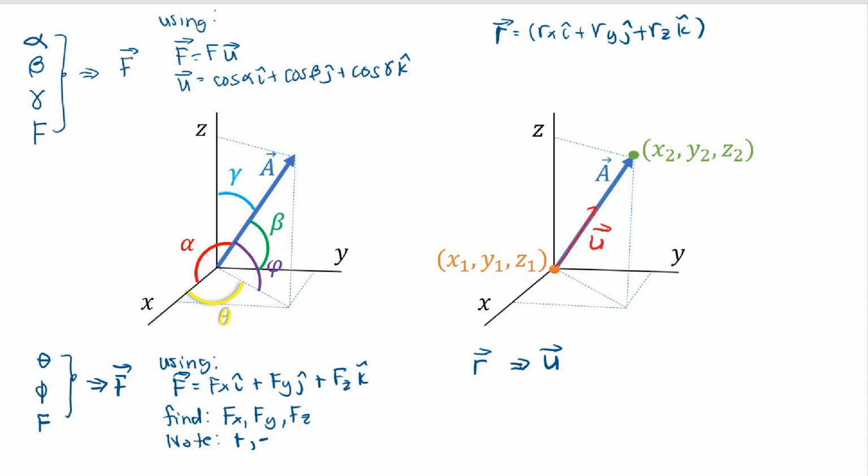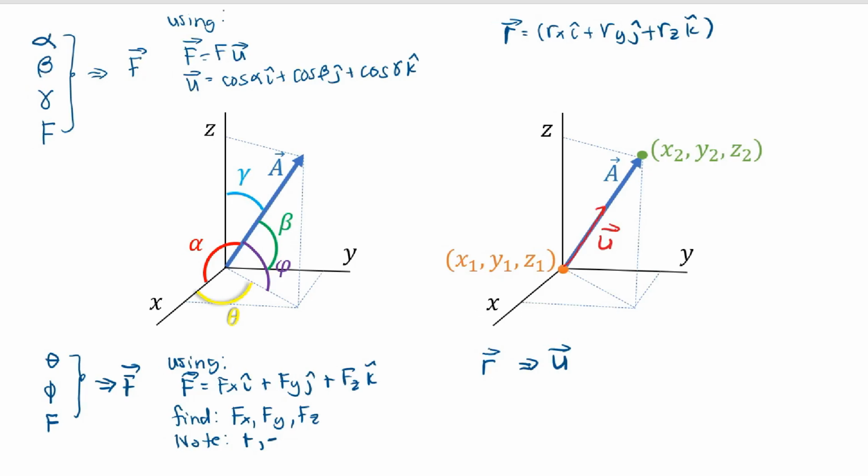So from the position vector, we will extract the unit vector, and using that unit vector, we come up with the formula for our force vector: we just multiply the given magnitude of the problem times the extracted unit vector coming from the position vector. So hopefully this is clear for our discussion.